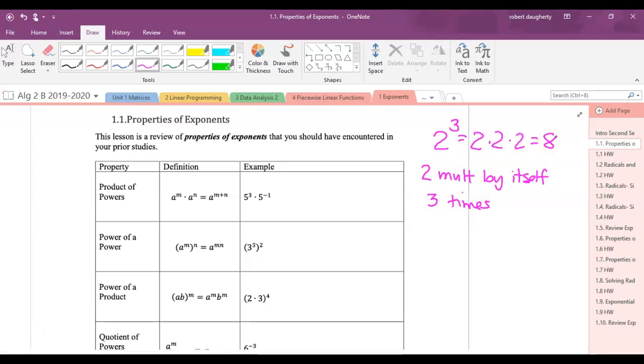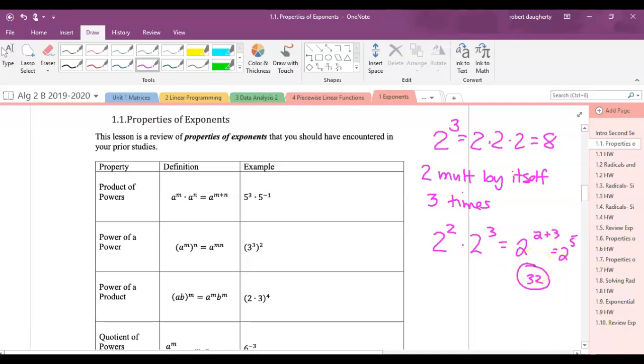So if I were to have something like 2 to the second times 2 cubed, okay? This is 2 multiplied how many times? 2. This is 2 multiplied how many times? 3. How many total times would it be multiplied? 5. So this is 2 to the 2 plus 3, or 2 to the 5th, or 32.